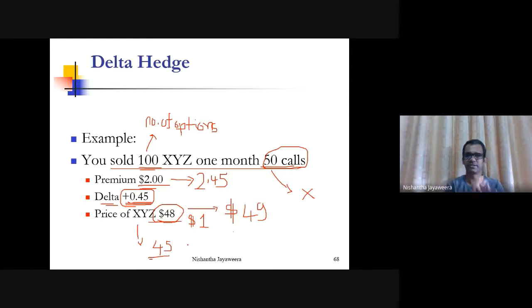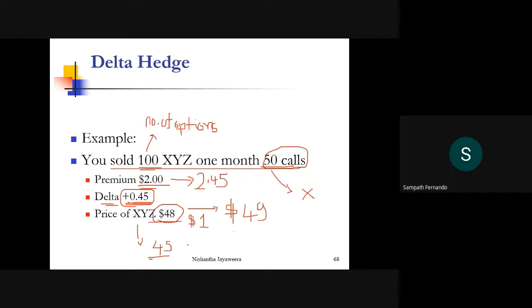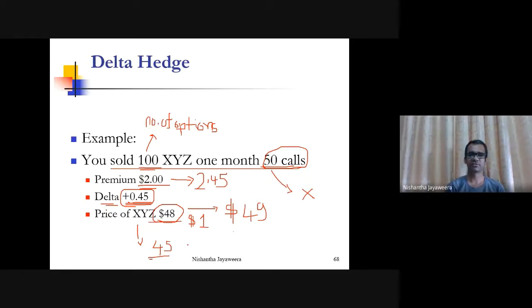This is not option, nothing to do with option. You bought some stocks when the price is 48 and now the price is 49. Do you make a profit or loss? Profit. How much? $1 per one stock. How many shares did you buy? 45.